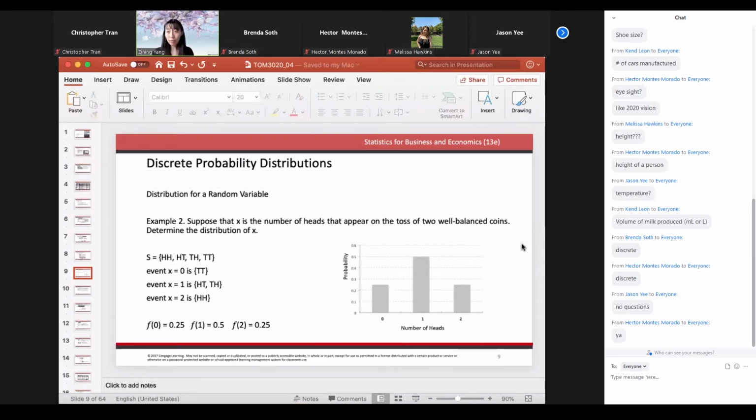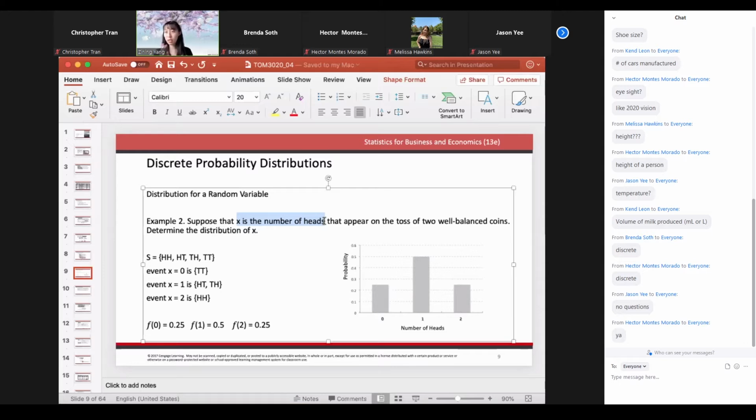So I have coin 1 and coin 2. I toss those 2 coins and I want to record how many heads I get. X is the number of heads. So again, it's a count number.